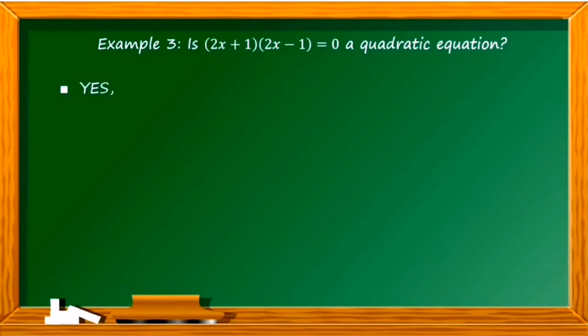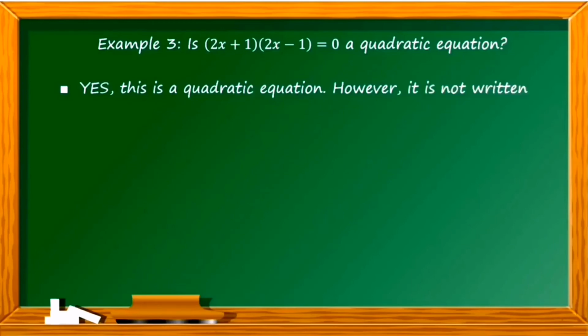Next, is the quantity 2x plus 1 times the quantity 2x minus 1 equals 0 a quadratic equation? What's the answer? Yes, this is a quadratic equation. However, it is also not written in the standard form.